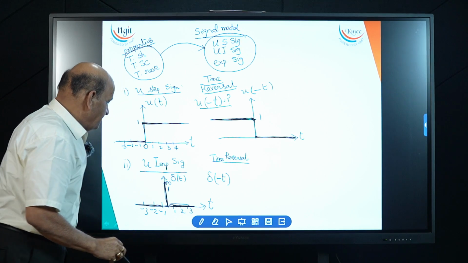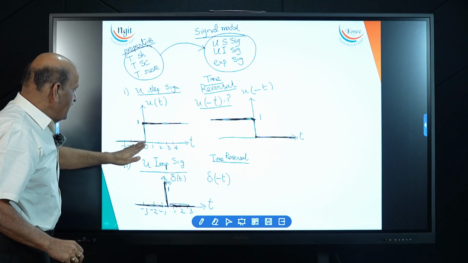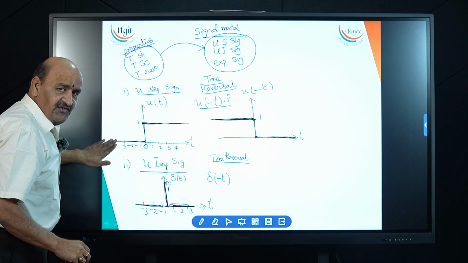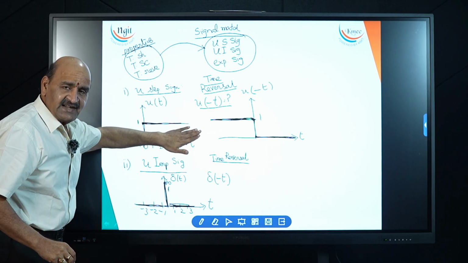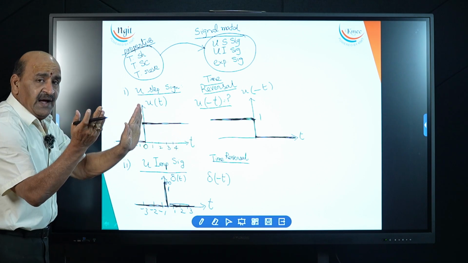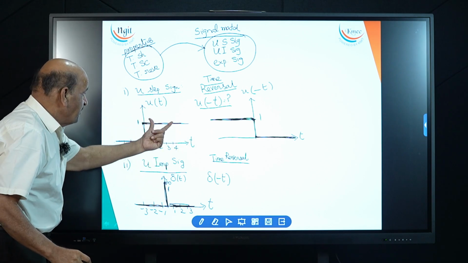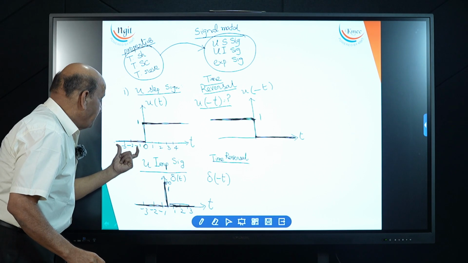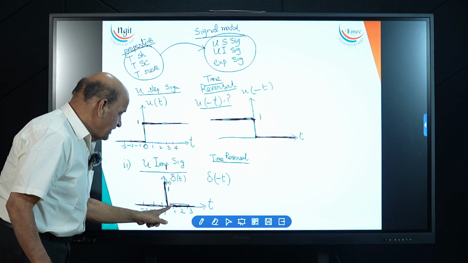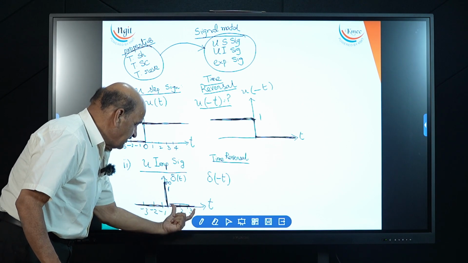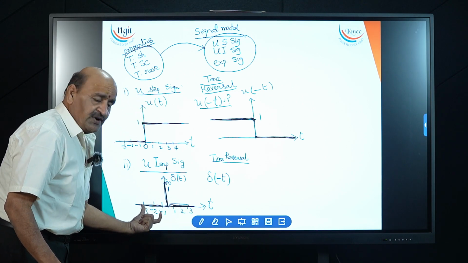Look at it: in the previous case, some portion is on the left side and some portion is on the right side. By making reversal, the right side portion comes to the left side and the left side portion comes to the right side. But here, the right side portion is 0 and the left side portion is also 0.